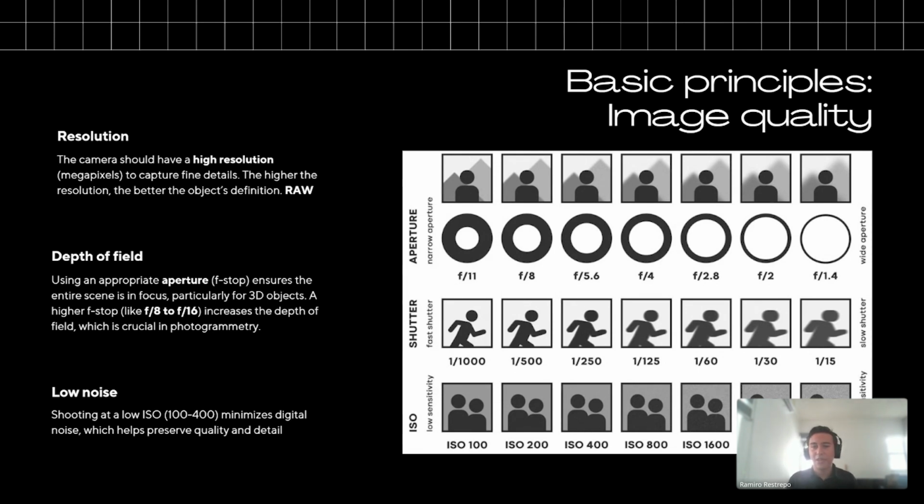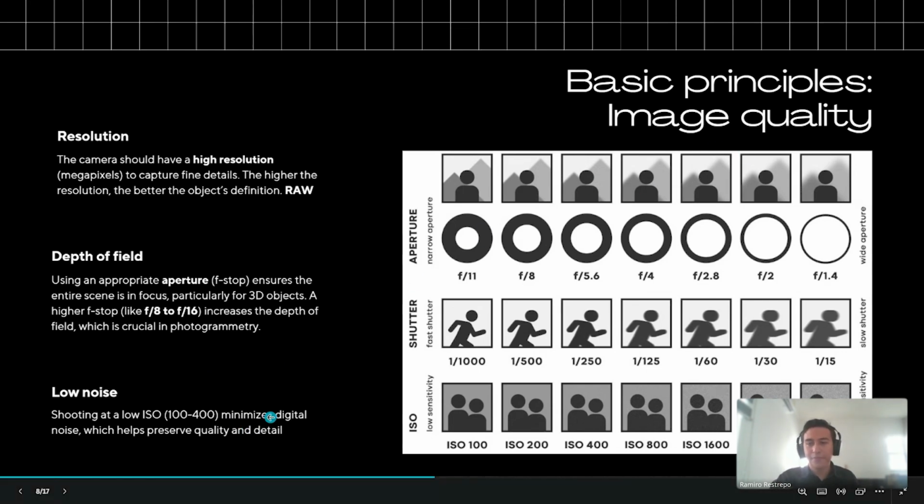Also, the depth of field is very important because we have to ensure the entire scene is in focus to capture this data for the software. We recommend using F8 to F16 to increase the depth of field. Using low noise, we can get better image quality and minimize the digital noise, as in the examples that we showed.